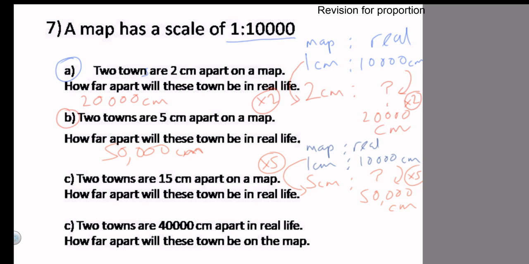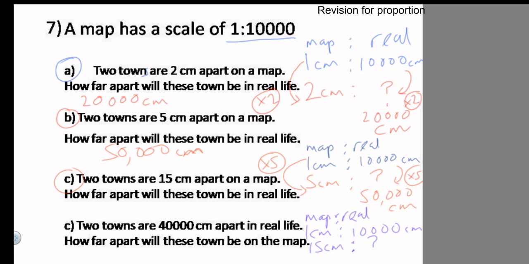Question C now. This time 2 towns are 15 centimeters apart.